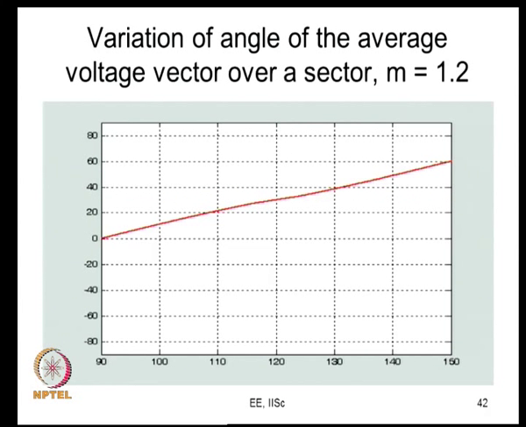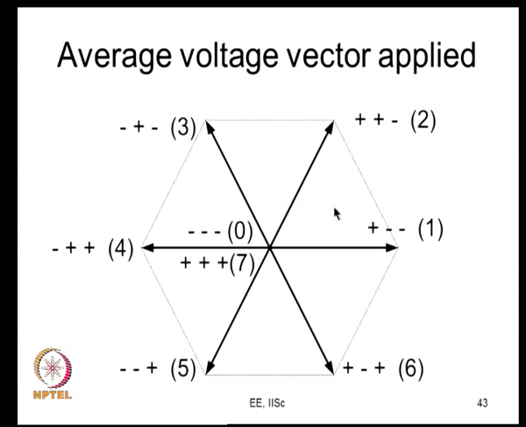Now, it is no longer constant. How about the angle? Angle still rises reasonably linearly with this thing. If you plot the constant straight line joining these 2 points, you may see some slight deviation between the two, but that is not very high, it is still more or less a straight line, and you can say that the average voltage vector is moving at a uniform angular velocity.